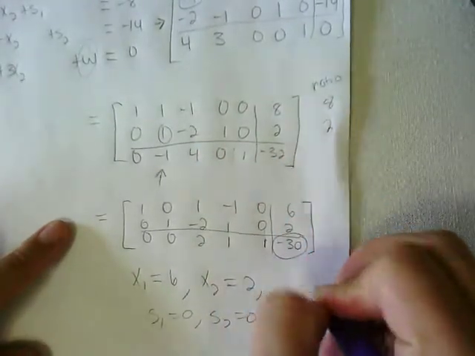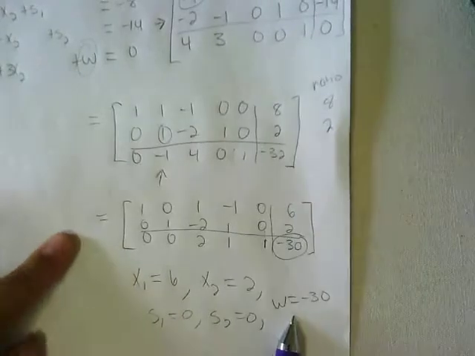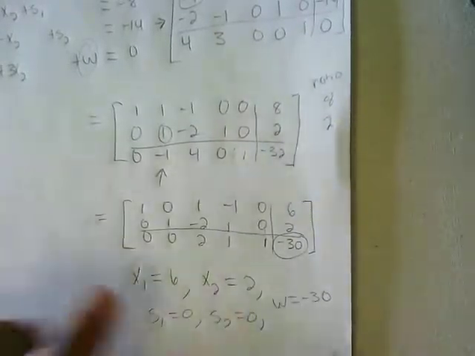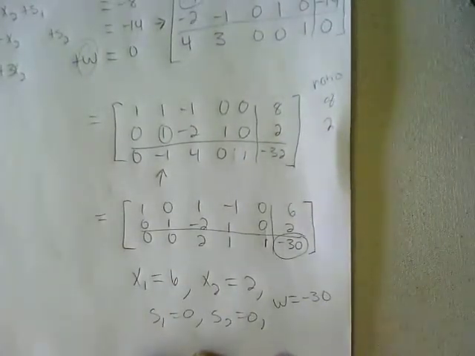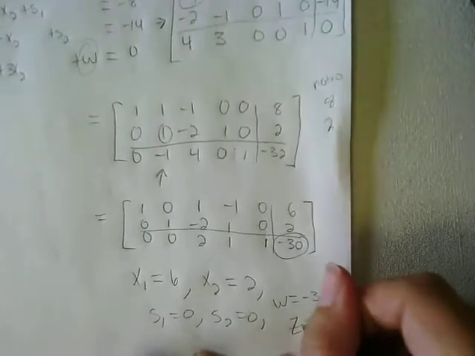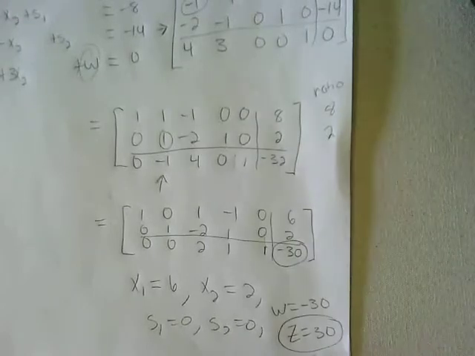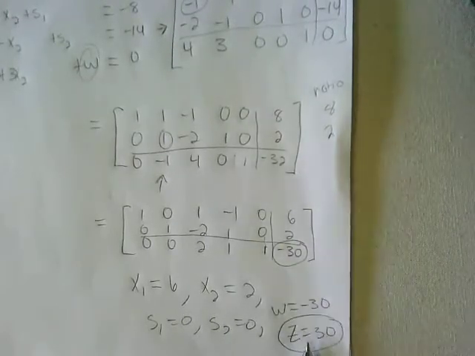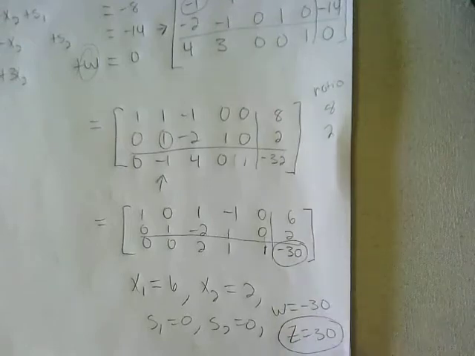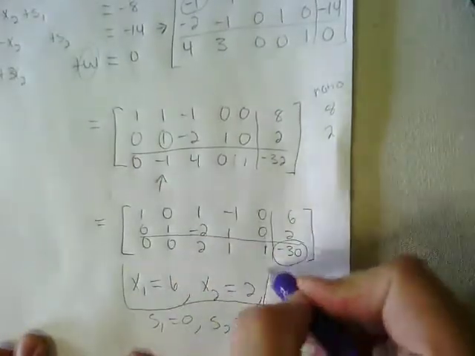But since I changed everything around to begin with, from z to negative z, z is equal to 30. That means my minimum is 30, and it occurs at x1 equal to 6 and x2 equal to 2.